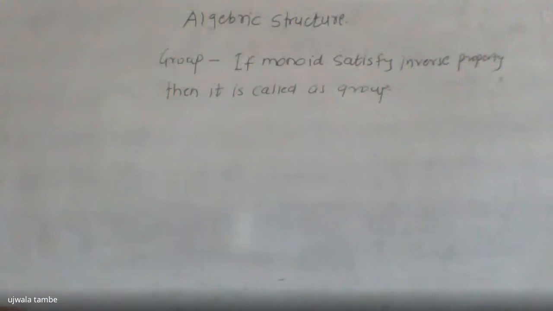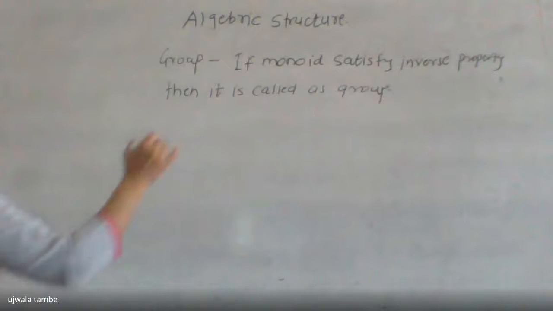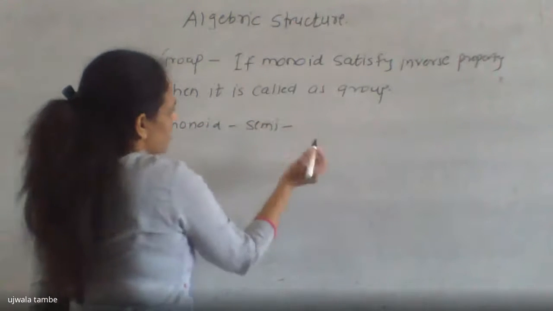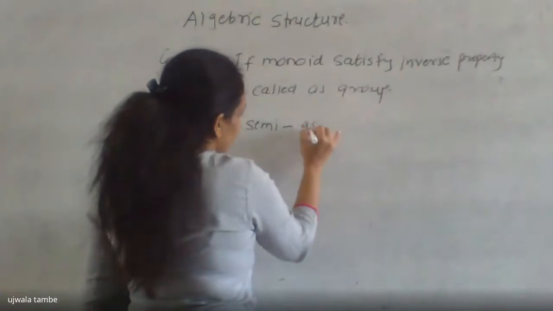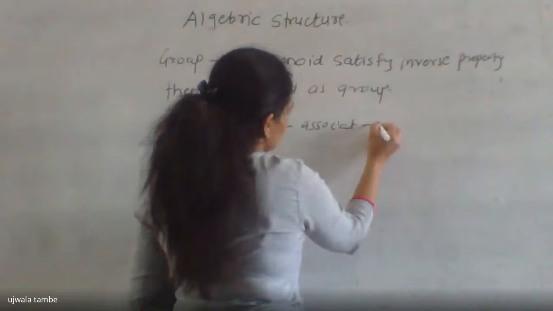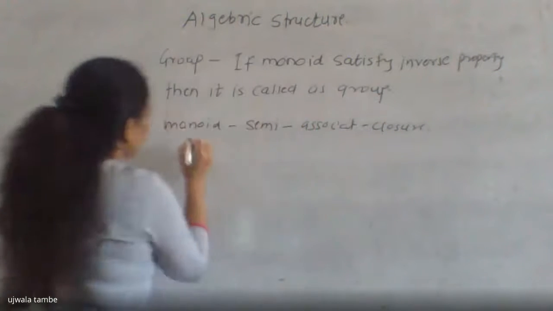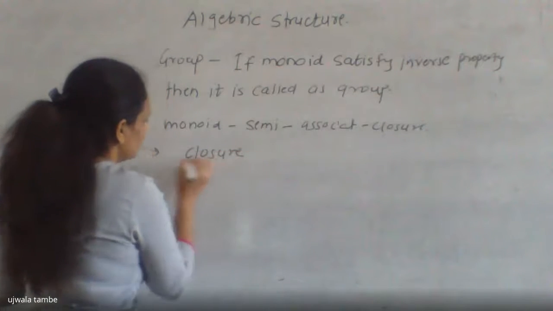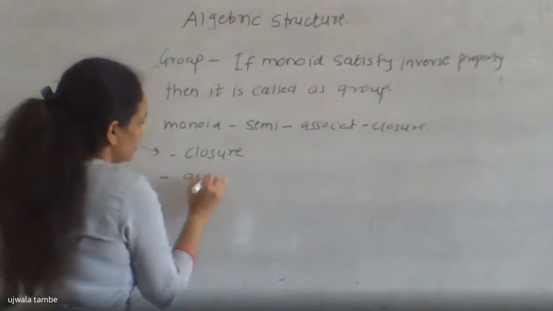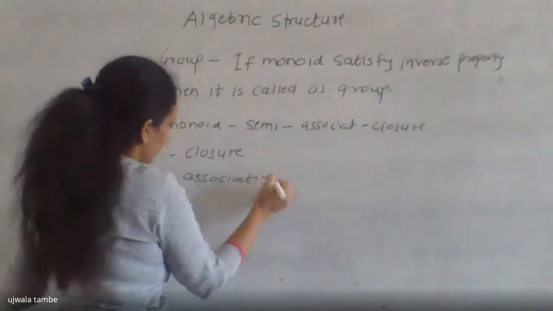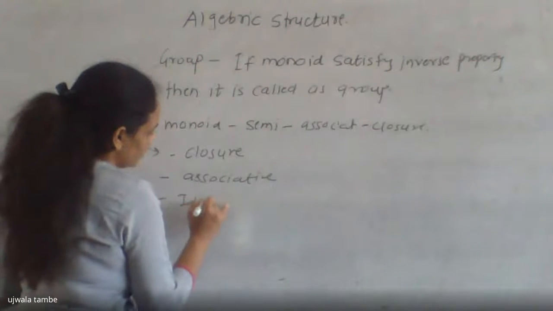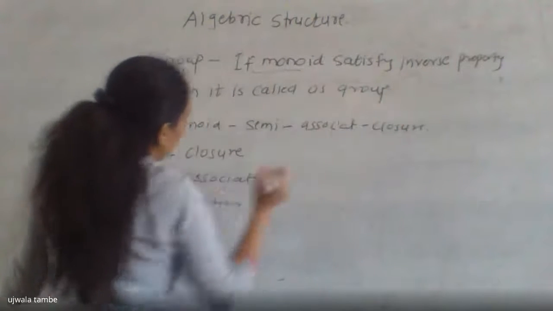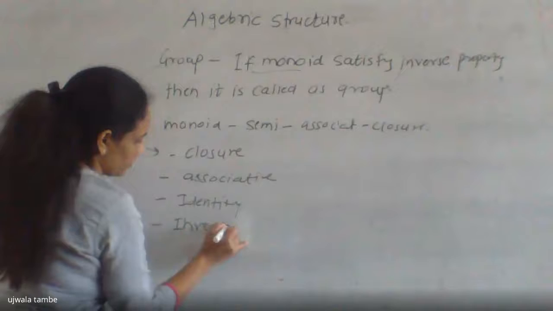Okay. Now again we have to revise our properties. For a monoid, it should be a semigroup. For a semigroup, it should satisfy the associative property and the closure property. Right? So for a group, we first check the closure property, then we follow associativity, then for the monoid we follow identity, and for a group we follow inverse. Right?